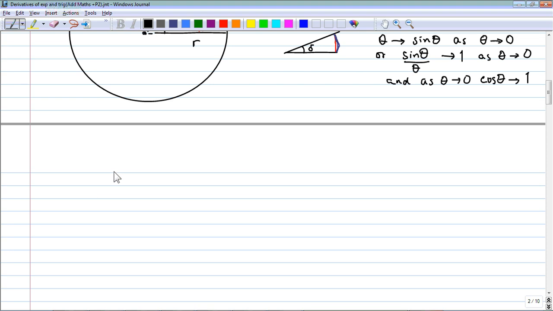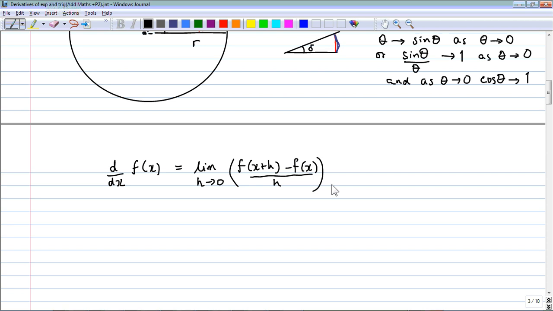If you remember, the definition of the derivative of a function is a limit. It's a limit as some number h tends to 0 of f of x plus h minus f of x all divided by h.